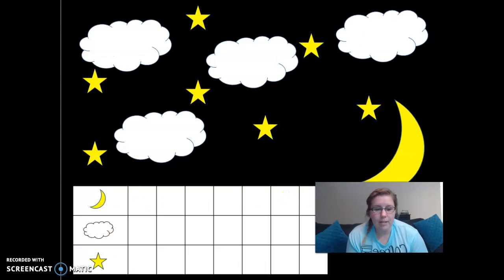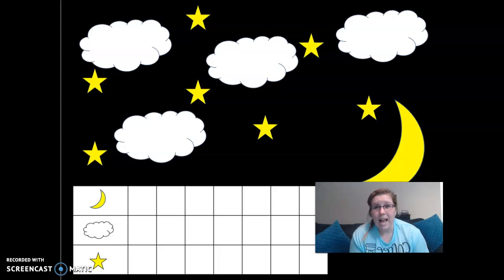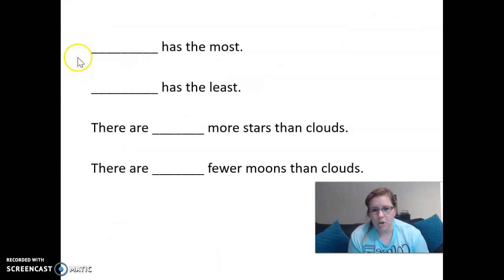So here I have this picture, and you're going to make your own graph about what you see. You're going to graph how many moons you see, how many clouds you see, how many stars you see. And then I have some questions that I want you to answer. So this first question says, blank has the most.